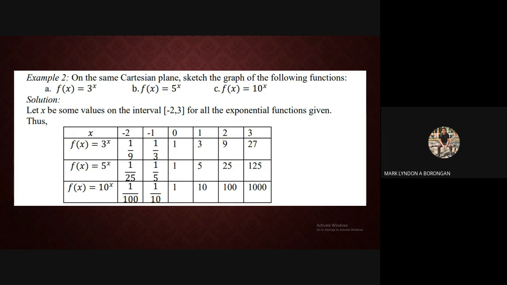So let x be some values on the interval -2 to 3 for all exponential functions given. So ang pasabot aning interval, so muna siya imong giset nga values for x. So it is in between -2 and 3. So ang between numbers nila is -1, 0, 1 and 2, di ba? So muna sa tong interval sa tong x.